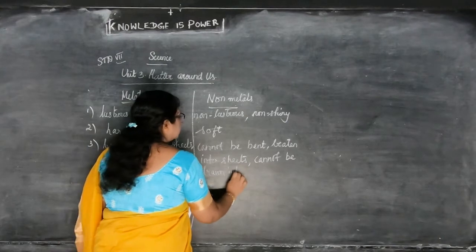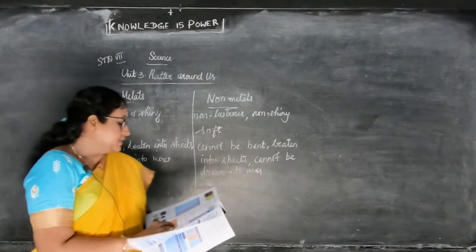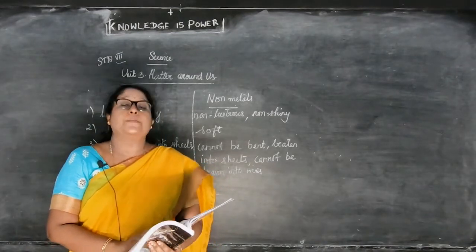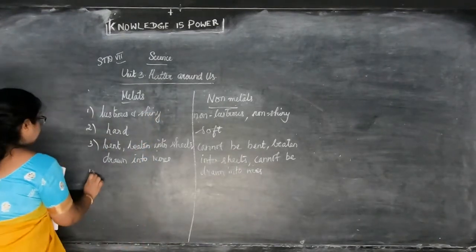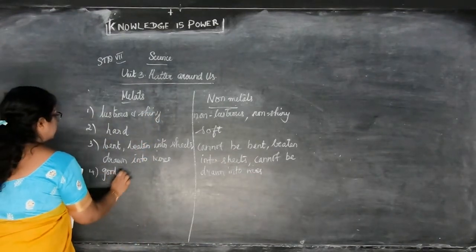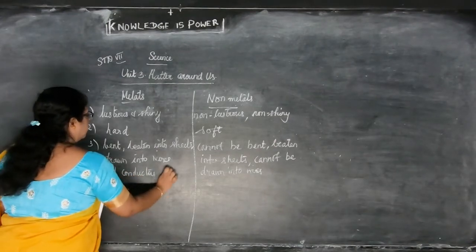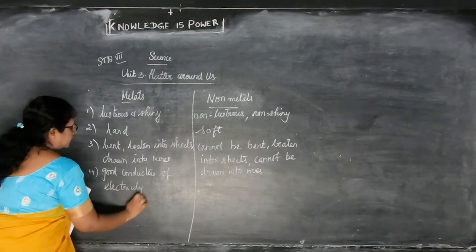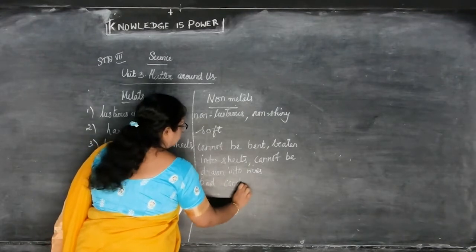Okay, children? Now, next is most metals are good conductors of electricity. If you see the non-metals, they are poor conductors, that is bad conductors of electricity. So metals are good conductors of electricity and non-metals are bad conductors of electricity.